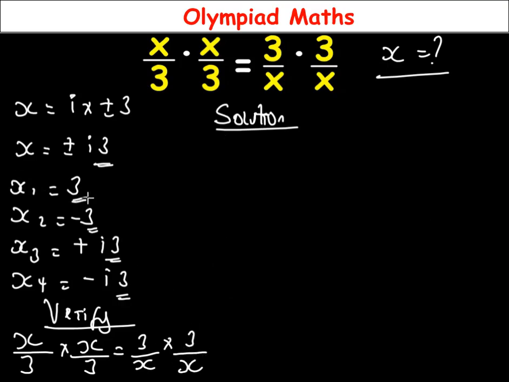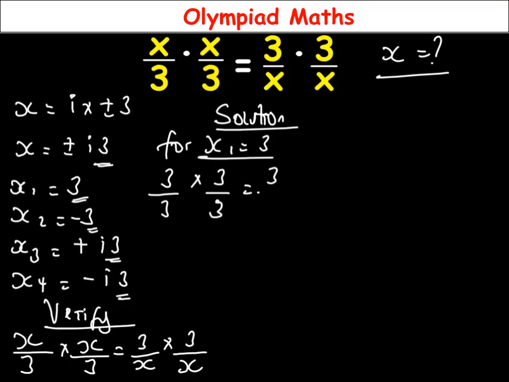Now for the first value of x, which is 3, so for x1 equals 3, we put this value of x as 3 into this. We have 3 over 3 times 3 over 3 is equal to 3 over 3 times 3 over 3.